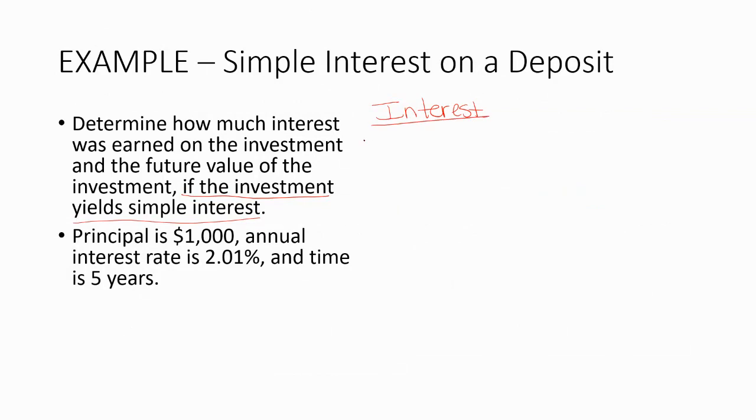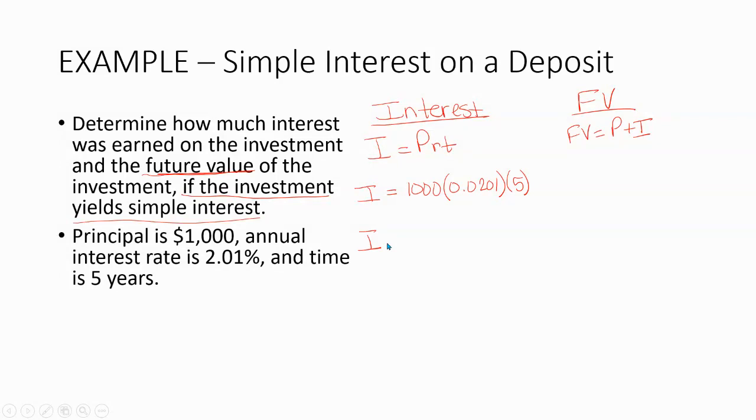Because this is simple interest, I equals P times R times T. And then we want to know the future value. So future value is equal to the principal plus the interest. All right, so I equals PRT. Principal, 1,000. Interest rate as a decimal, and the length of time in number of years.